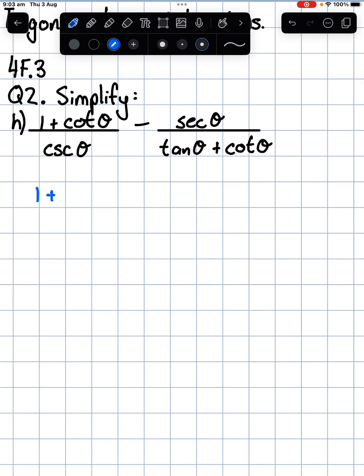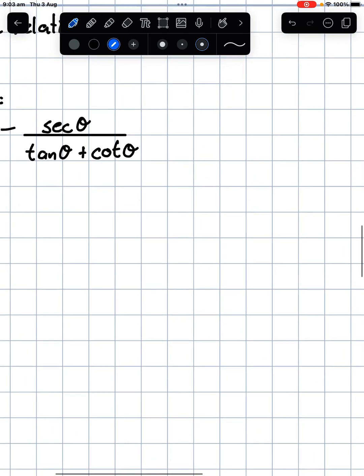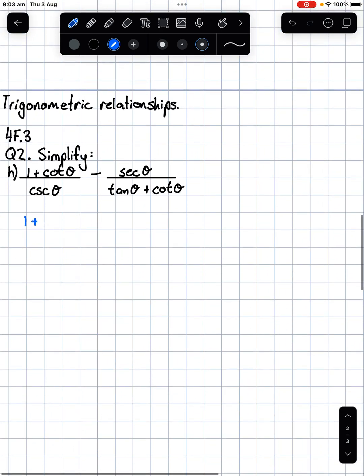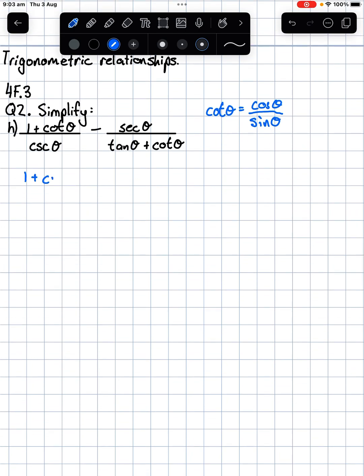Now, in this, I'm just going to point out a little identity. Cotangent theta is going to equal cosine over sine theta. So we're going to use all these values now to fill these in. We've got cosine theta over sine theta, that's our top line there, and then our next one, CSC, which is the reciprocal of sine theta, so 1 over sine theta.